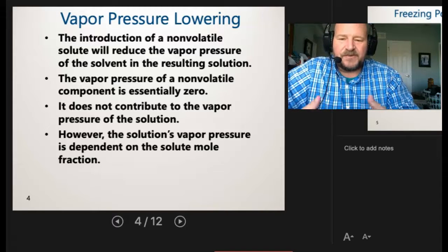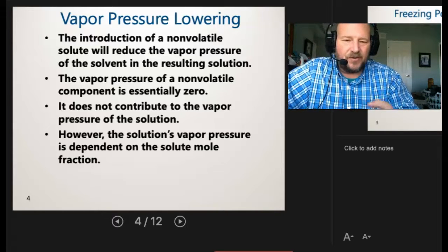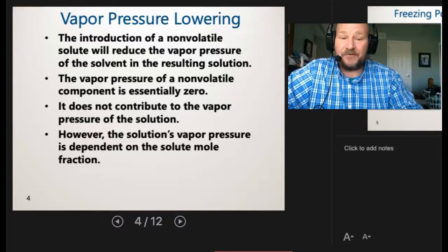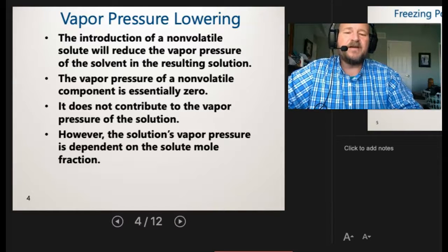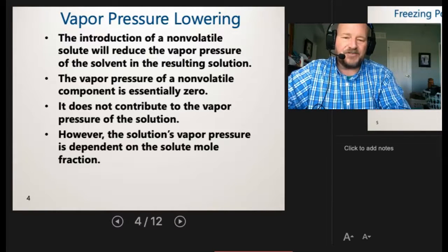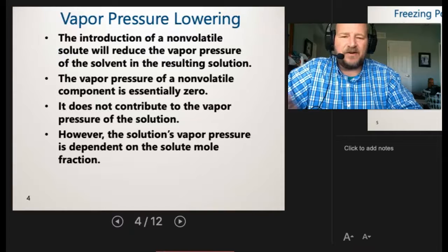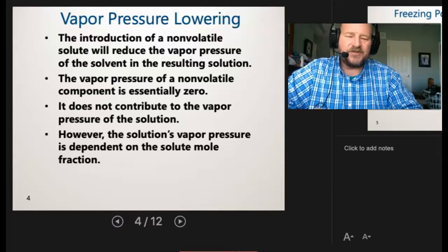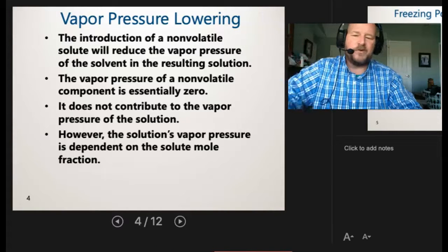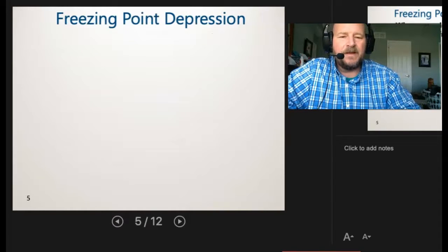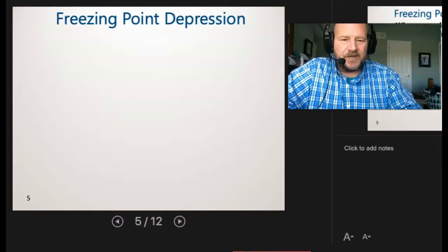So how many moles are in solution, not how many grams. Like sodium chloride, we would be looking at the mole fraction, not the number of grams of salt that are in there. And if that's not making a whole lot of sense, when we talk about boiling point elevation, sometimes the other view of boiling point elevation will make vapor pressure lowering make a little more sense. But for now, we're going to go on to freezing point depression.